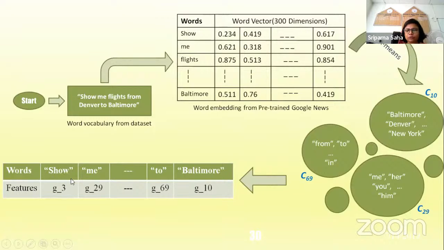For example, show is part of, maybe, cluster number 3, so we replace show by G_3, me by G_29. This way we replace each word by the corresponding cluster ID and generate a vector, and this vector denotes a particular utterance.